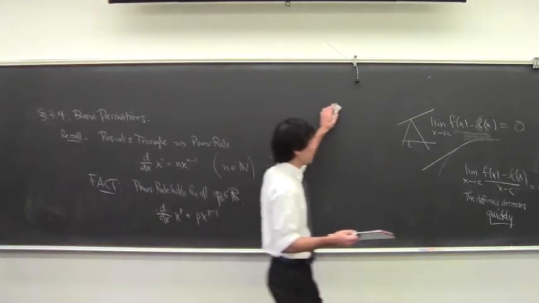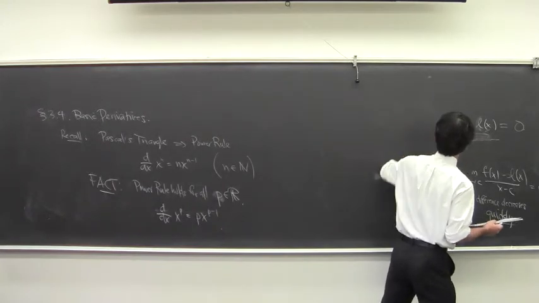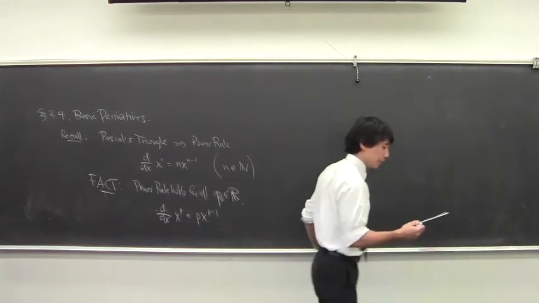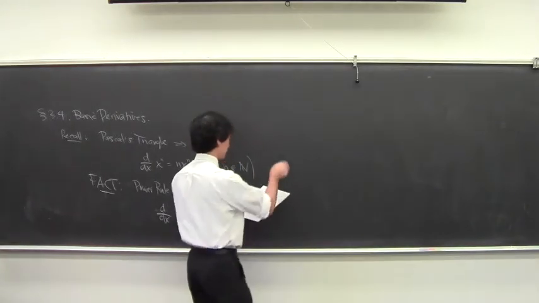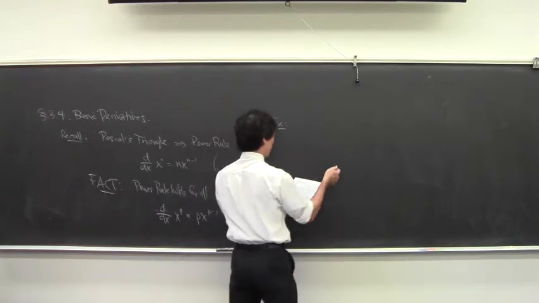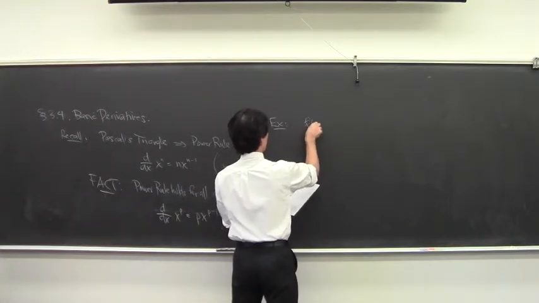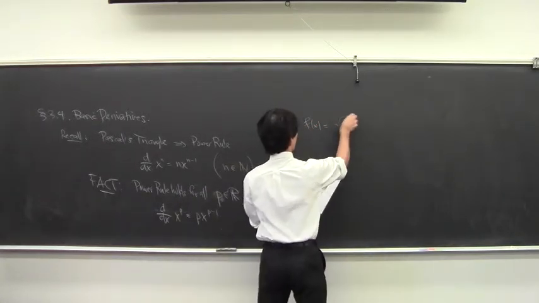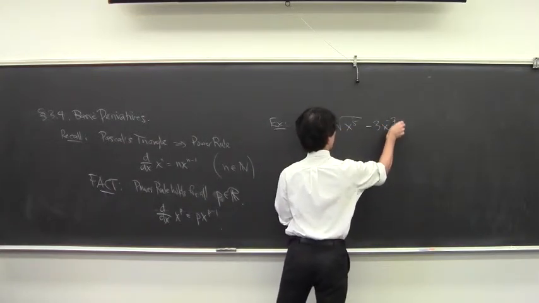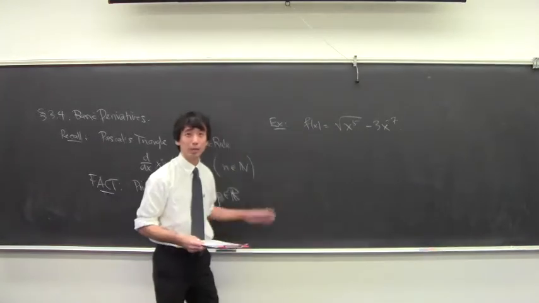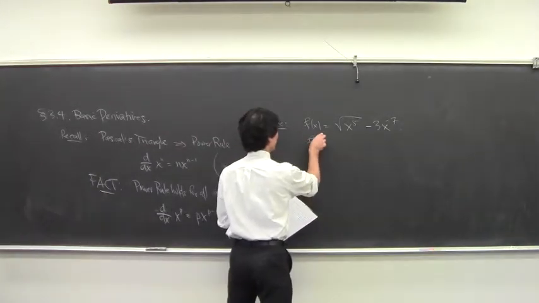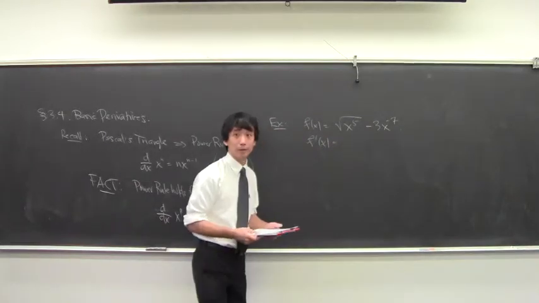It's still gonna hold. And we'll see why shortly. But right now, I just want you to know it. So, for example, if f of x is the square root of x to the 5 minus 3x to the minus 7, well, you can use the power rule on this and get the derivative. So f prime, you just use the power rule.